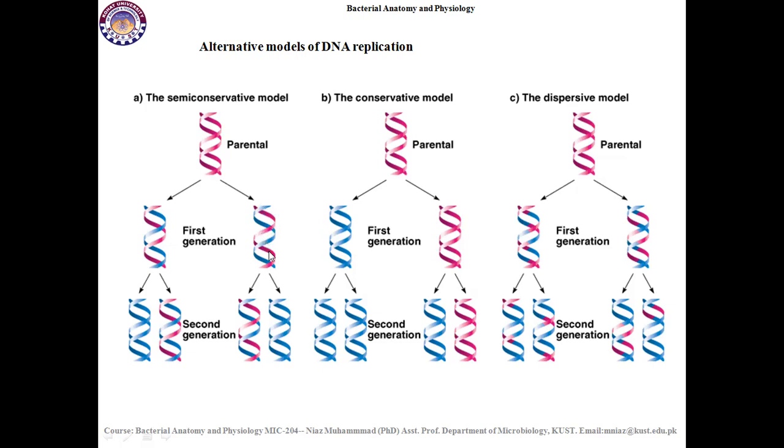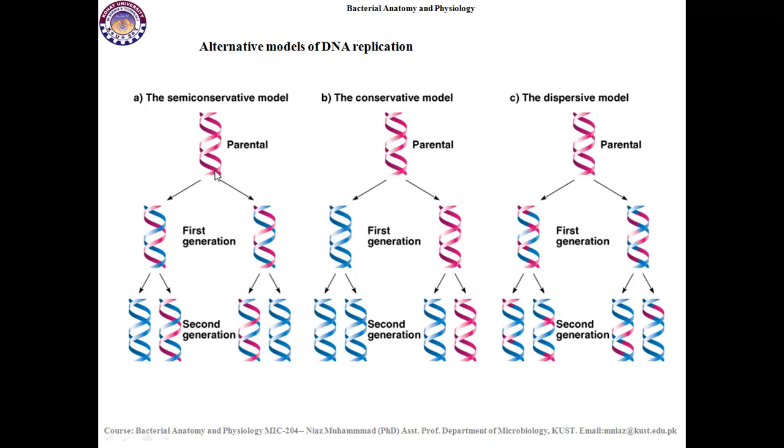This is the parent strand of DNA and this one is a daughter strand. Similarly here, this one is the parent strand taken from the parent cell, which worked as a template, and the daughter strand has been formed on it in the first generation.